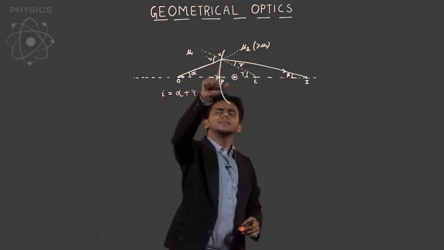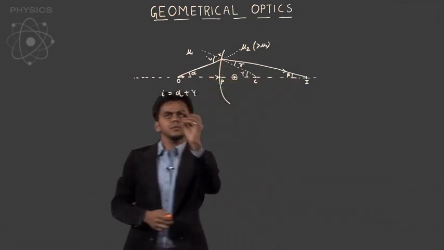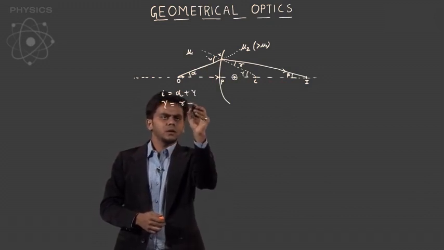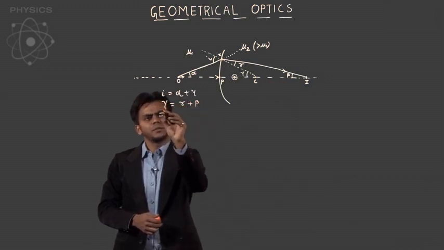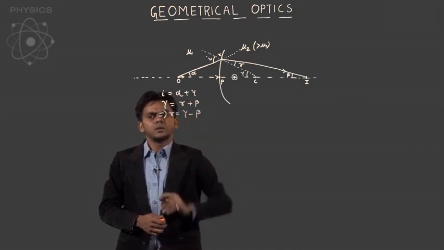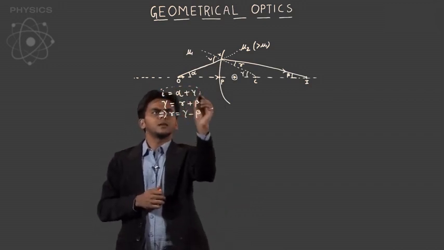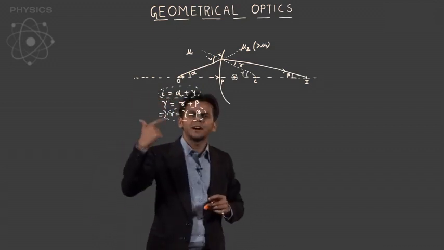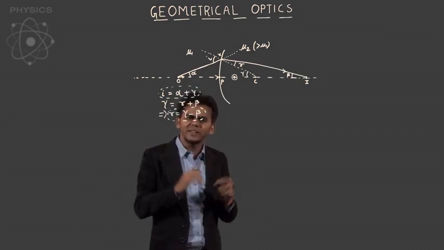Similarly, in this triangle XCI, gamma is equal to R plus beta. Now this gives you R is equal to gamma minus beta. So now here you have I and R. I know how to relate I and R. Sin I upon sin R gives you the ratio of refractive indices.